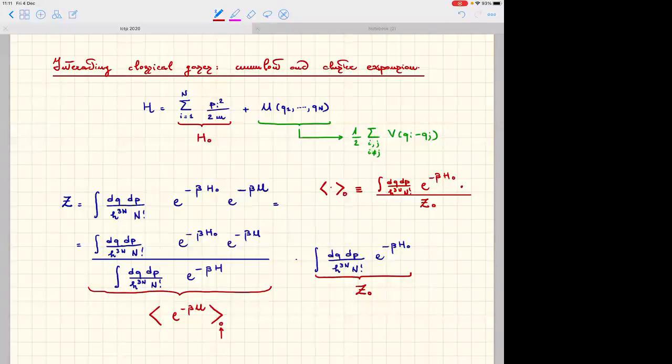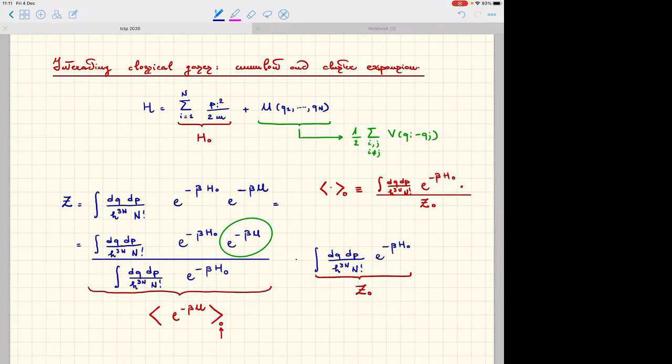If I want to calculate the average magnetization, the average of whatever you want in the canonical ensemble, you do this, right? And here I'm seeing that there is e to the minus beta H naught times e to the minus beta U. Here there is an H naught, I forgot.